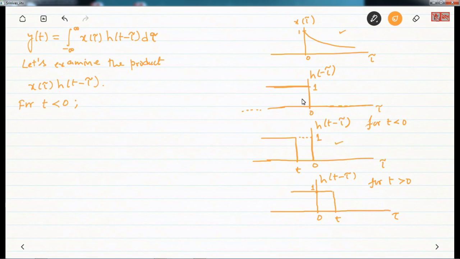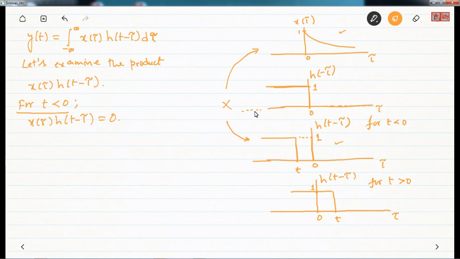So the product of these two signals is 0, right? For t less than 0, x of tau into h of t minus tau is 0.